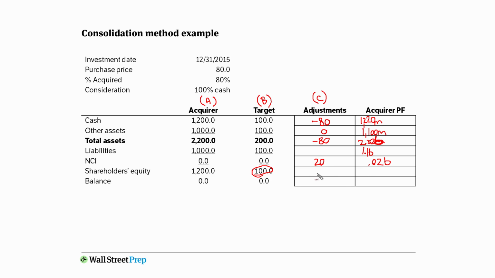What's happening here is that we have the elimination of the target equity. So the only thing that remains is the acquirer equity.